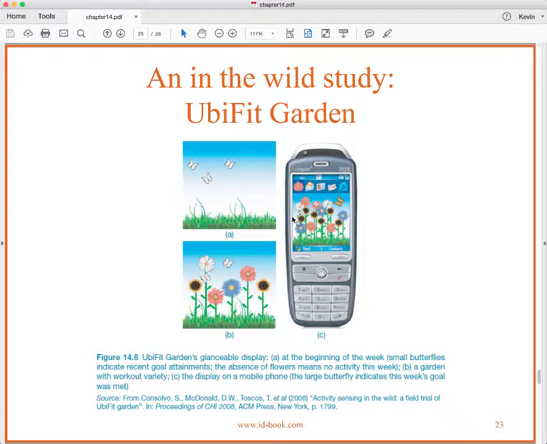Here's another in the wild study. The way I read the name on this is UBFit Garden. I guess that's what it's called. And this is, again, we have a display for the mobile device that's a little bit long in the tooth, right?